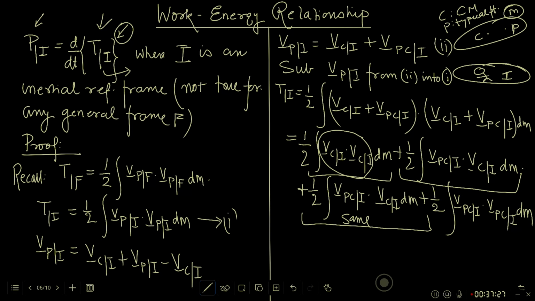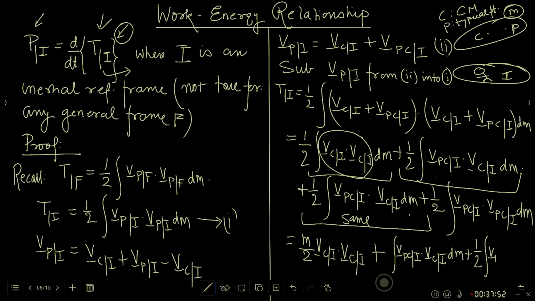And these two terms will be added together and they will become VPCI dotted with VCI dm, and then there is one more term. Let's call it 1, 2, 3.